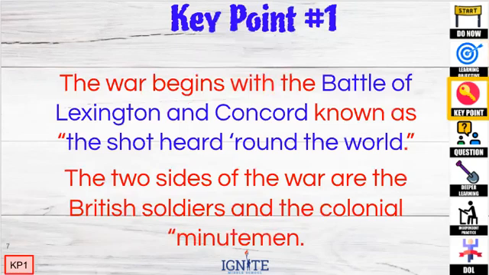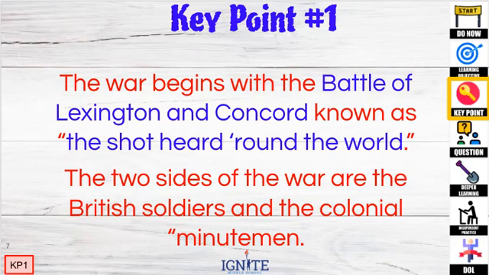Key point one. The war begins with the Battle of Lexington and Concord, known as the shot heard round the world. The two sides of the war are the British soldiers and the colonial Minutemen.